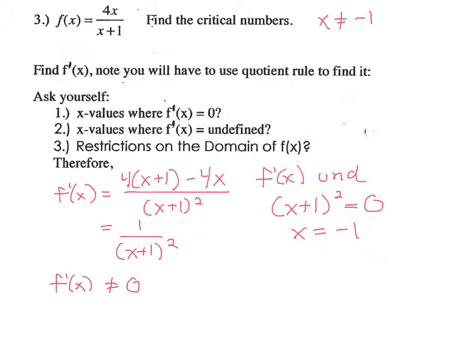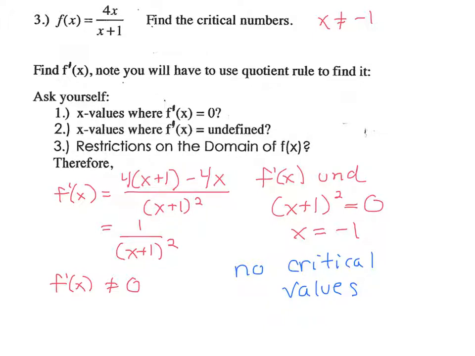However, like I said before, negative 1 is not in the domain of our function. So negative 1 cannot be a critical value. So in this example, we have no critical values, which means that this function will not have any relative maximums and relative minimums.